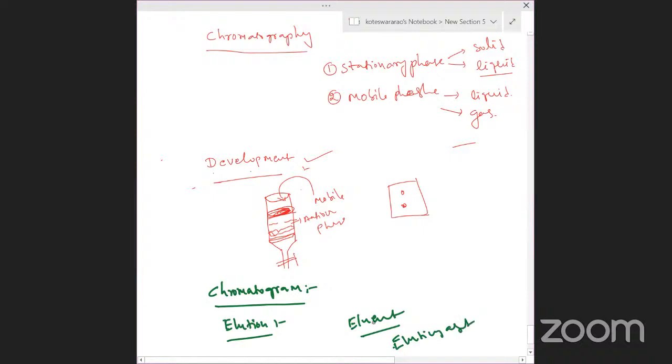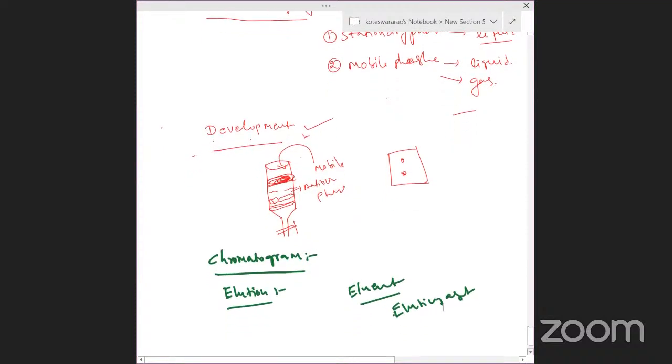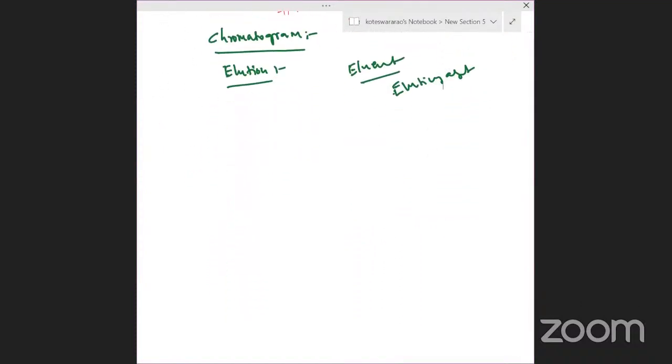Some of the other terminology commonly used in chromatography: CC indicates column chromatography. GC indicates gas chromatography.